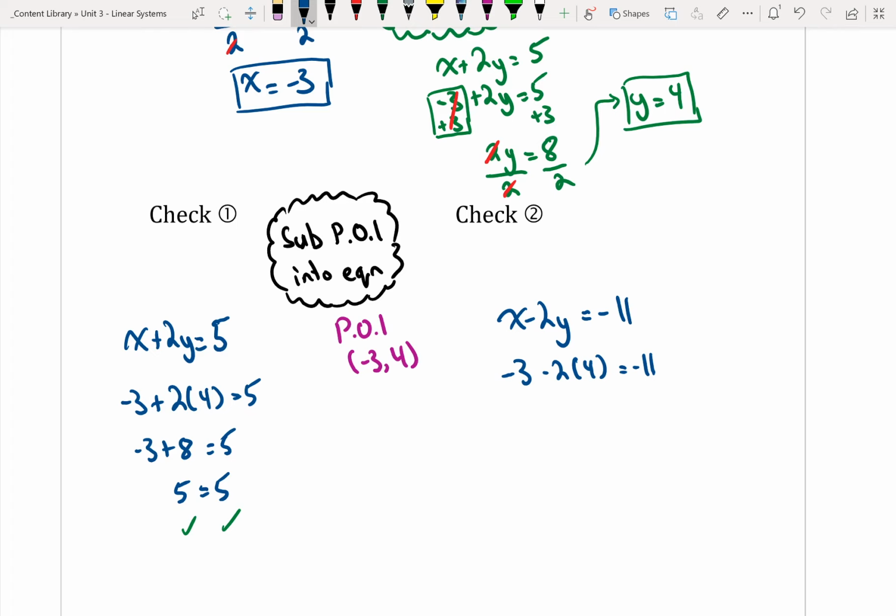Negative 3, negative 2 times 4 is negative 8, equals negative 11. And when we simplify, we should get negative 11 equals negative 11, which does work. So this point of intersection is correct. It does work in both equations, and we can solve by either eliminating x or eliminating y first.